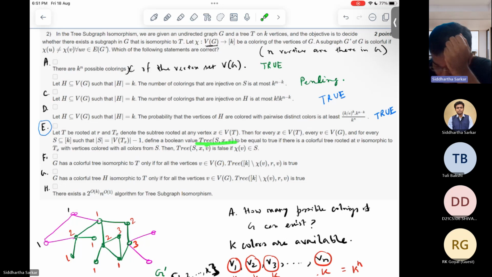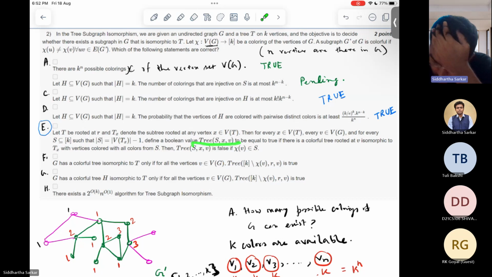So the Boolean value is tree S comma X comma V. S is the set of colors that is at our disposal. X is a vertex within the tree that we are concerned with, and V is the vertex in the graph.